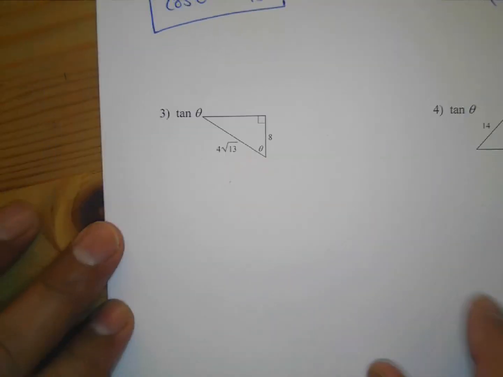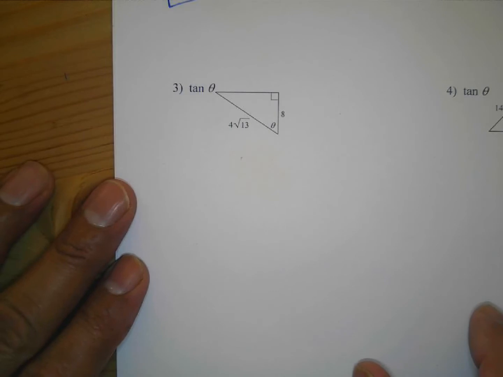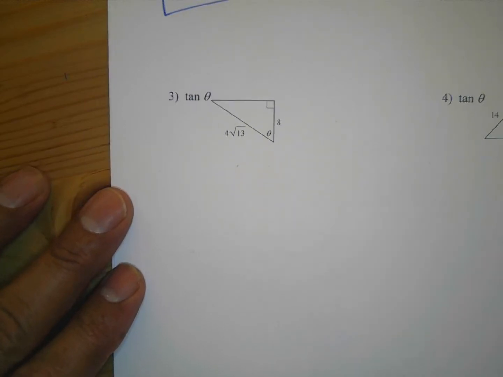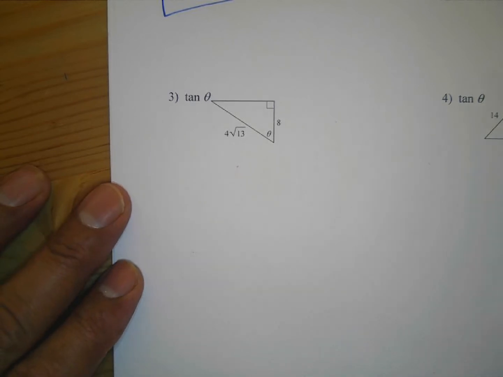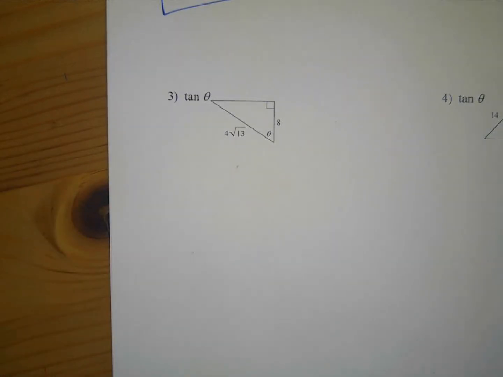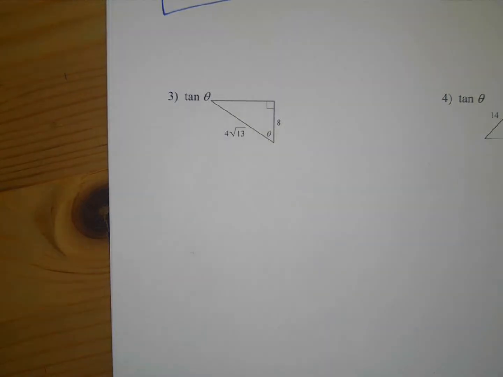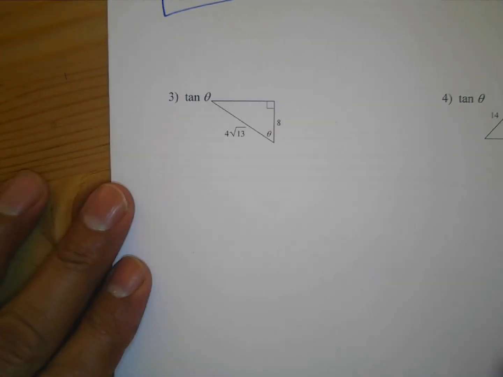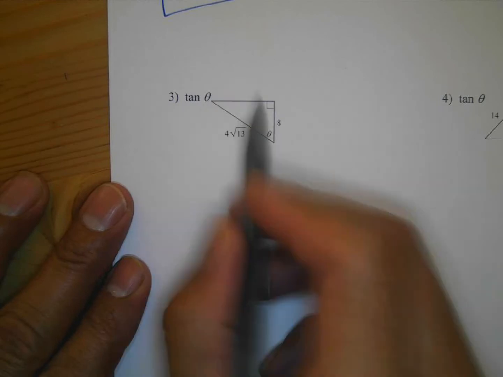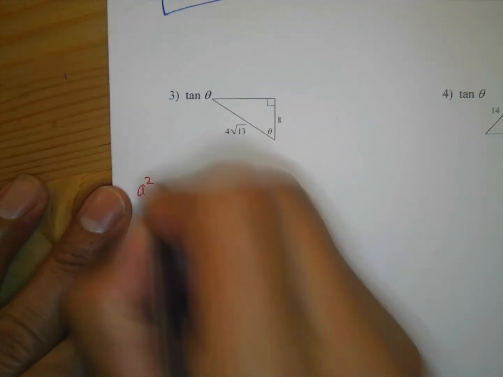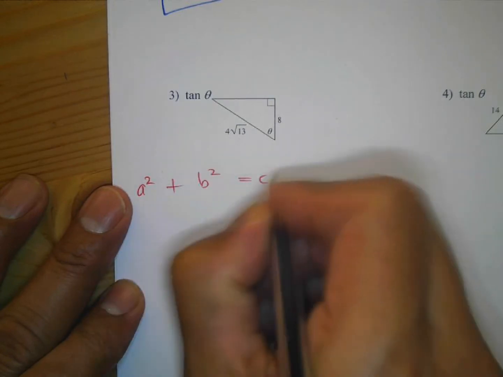Number 3. As a matter of fact, I think just one more is going to suffice. Let's see. Yeah, we've seen this before. I'll just do one more. Okay, number 3. Since I'm asking you to find all of them, we're going to go ahead and just do that first, and just label this for A squared plus B squared equals C squared.